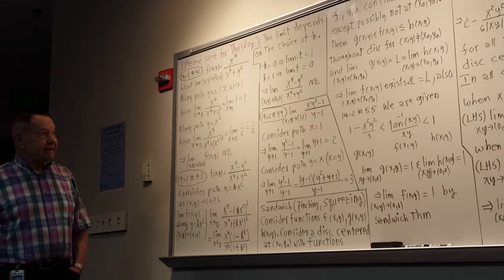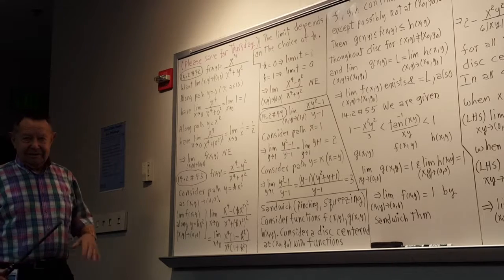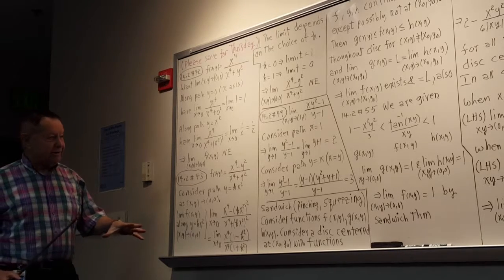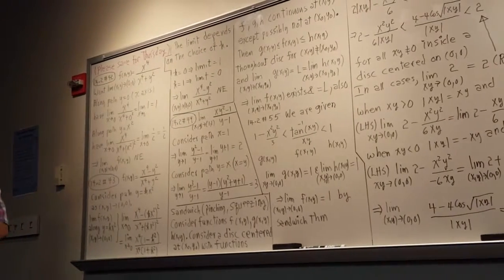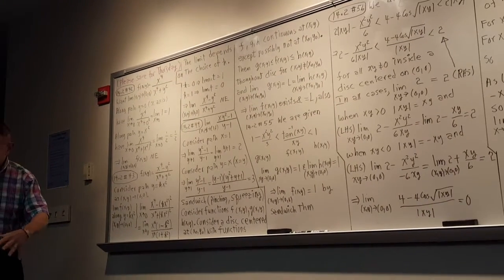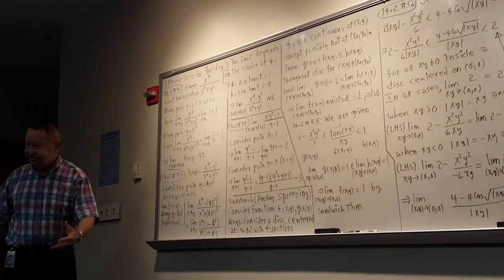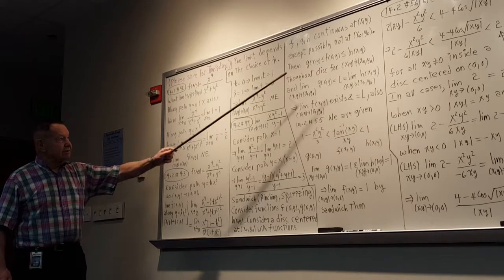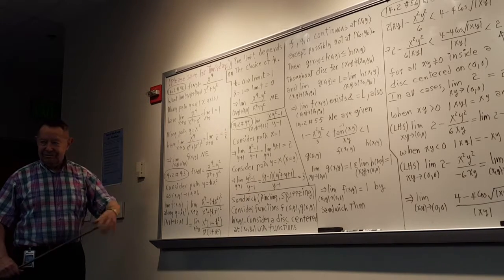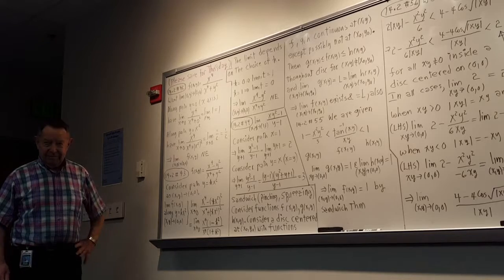So the idea again is that when you're talking 2 variables, you're not working on an axis, you're working in the plane. So you think of your domain now as like a circle, centered at wherever it is you're trying to say that there is a limit.